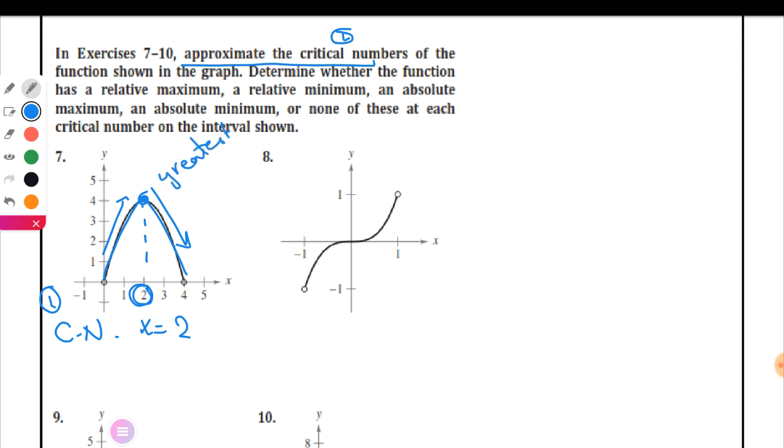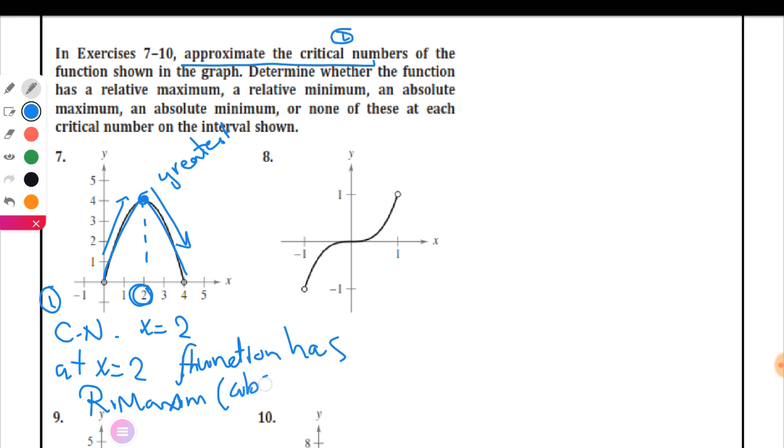If it is the greatest value, in this case we name it absolute. So here, at the critical number x equals 2, the function has a relative maximum and also an absolute maximum.